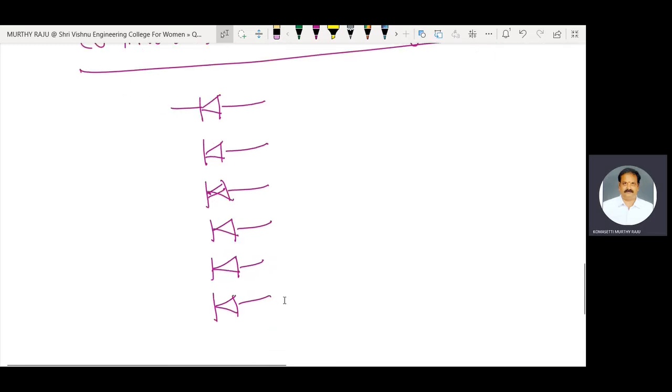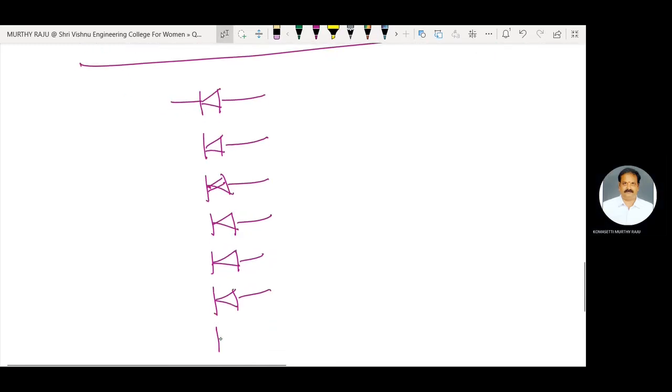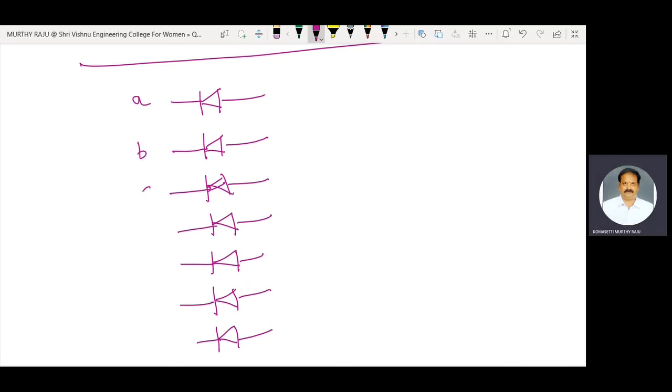One, two, three, four, five, six, 7. This one is A, B, C, D, E, F, G. These are all the anodes.